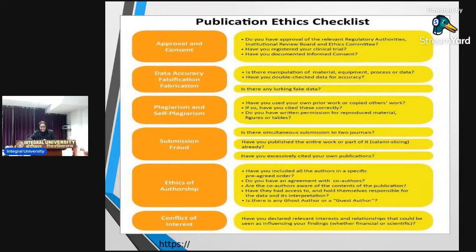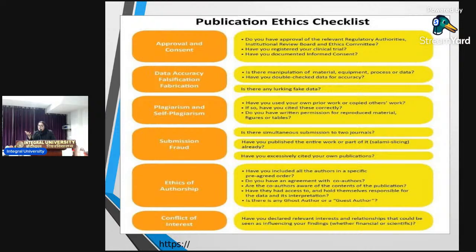So then finally, we come to the third point, plagiarism and self-plagiarism. I am sure by now you must be quite aware of these terms, but even if you're not, that's not a problem. This is why we are having this class. We'll talk about it later on. So the third point is whether your work is original, right?